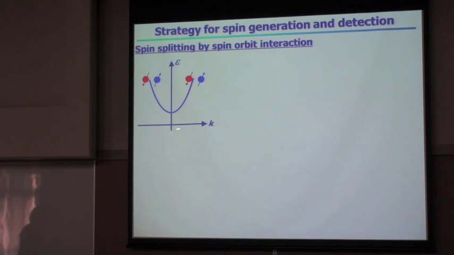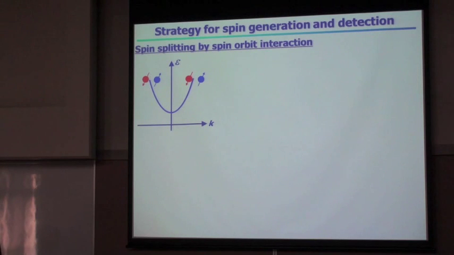So this is a schematic dispersion relationship for the conduction electron. The vertical axis is the electron energy, and the lateral axis is the electron wave number. If the spin-orbit interaction is really small, then the spin up and spin down subbands degenerate with each other like this.